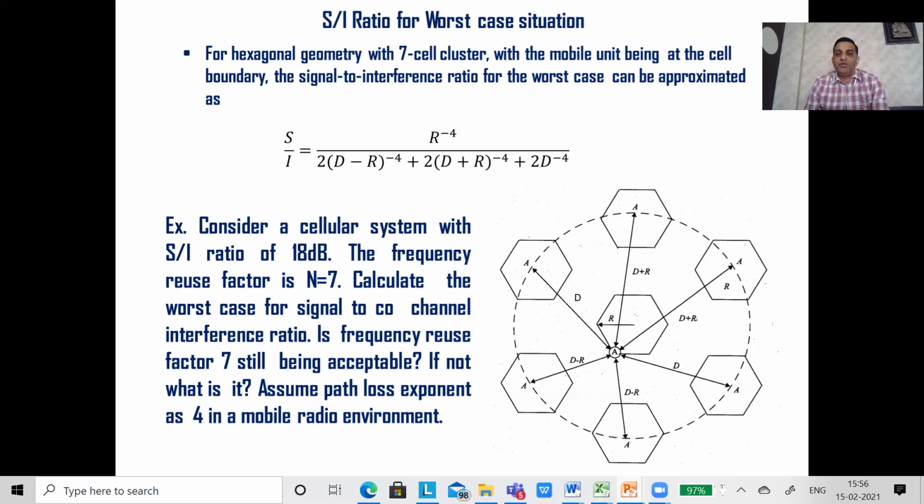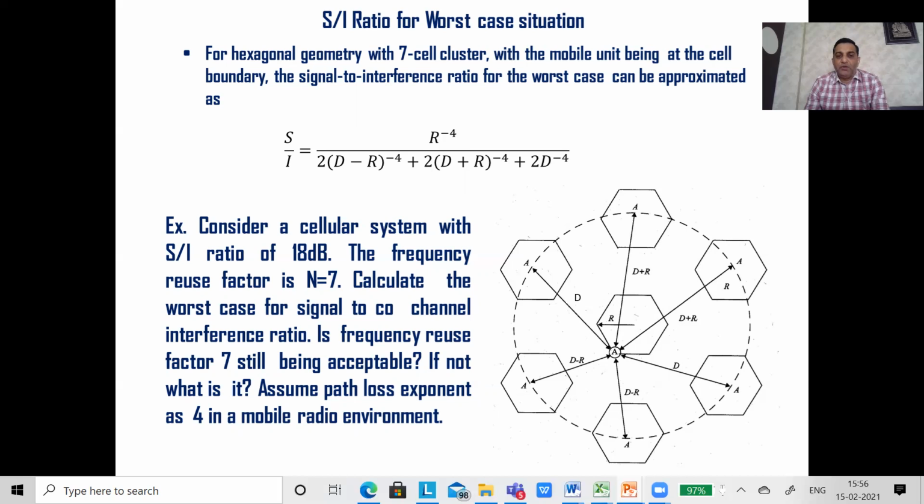So for hexagonal geometry with a 7-cell reuse cluster pattern with the mobile unit at the cell boundary, the signal to interference ratio for the worst case situation is approximated by the expression given here.